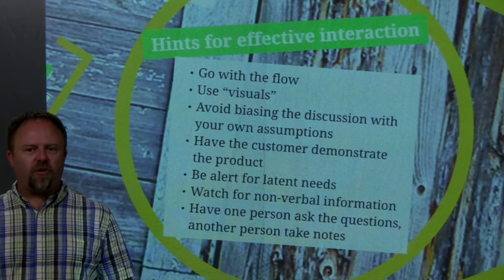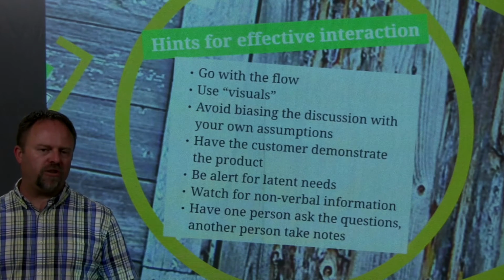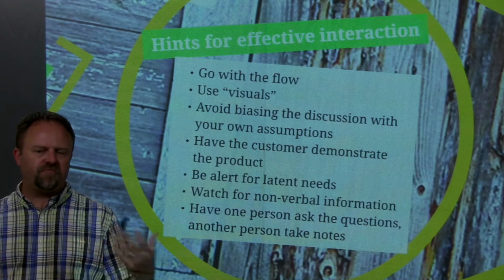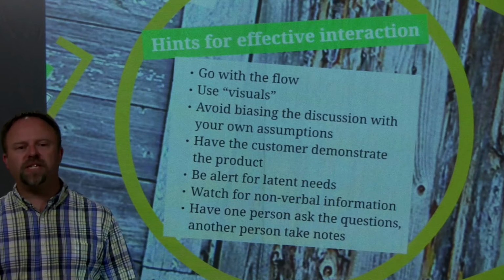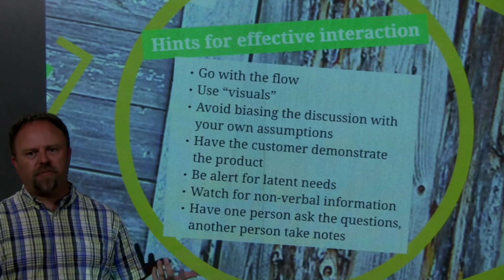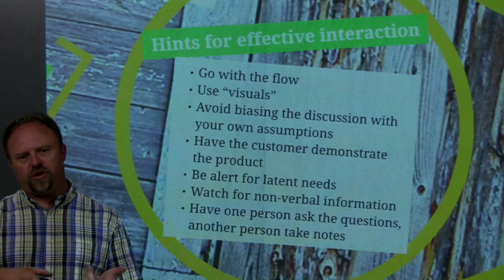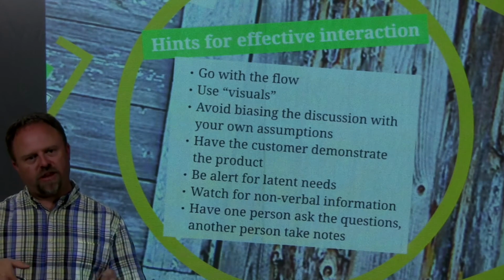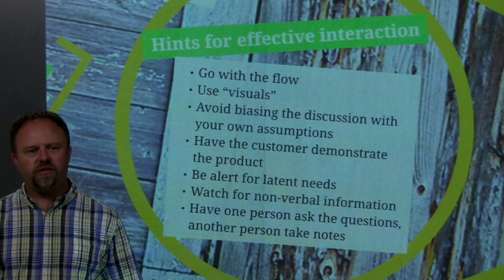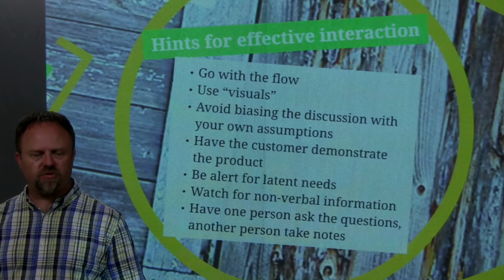And being alert for latent needs, which are needs that maybe they're not aware of, or maybe something that you see that they try out. I had an electric screwdriver once that you could use in two different positions. You could have it straight, like a regular screwdriver, for screwing screws into a piece of wood.